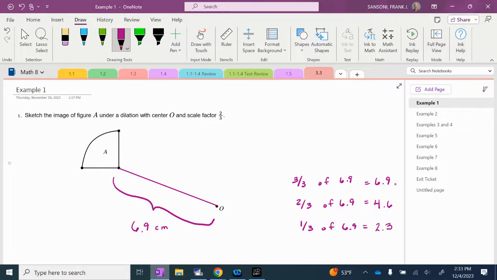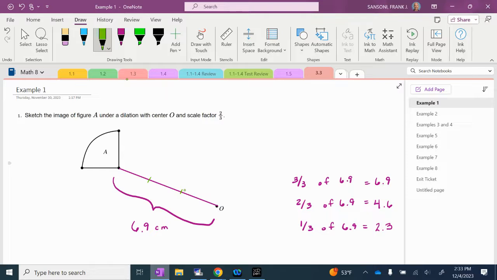So I could do the exact same thing that we did earlier. I could divide that into 3. Do you see 3 equal sized pieces there? You see 3 pieces? So this is 1/3.